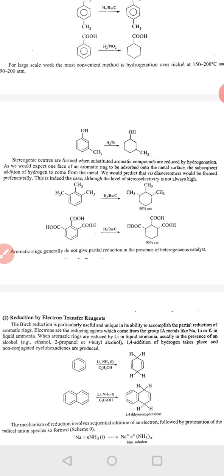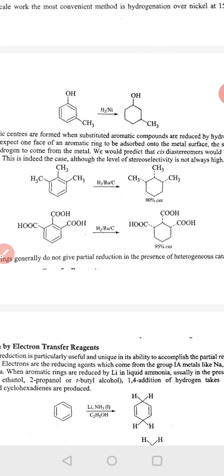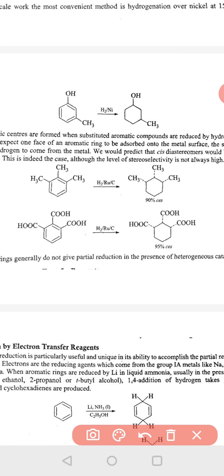Now what is a stereogenic center? A stereogenic center is any atom for which exchange of two groups creates a different stereoisomer. This is indeed the case, although the level of stereoselectivity is not always high. This is the example of formation of stereogenic centers.